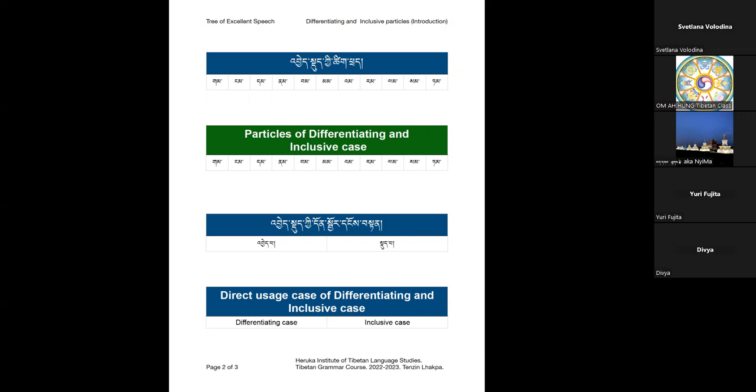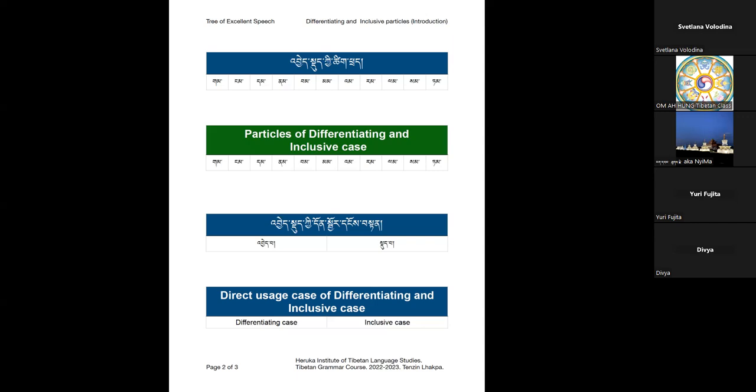The inferential usage cases will be discussed, most of them will be cited from the Armor of Speech by Smriti Kana. So there are two direct usage cases: chepa, which means differentiating case, and dupa, which means inclusive case.